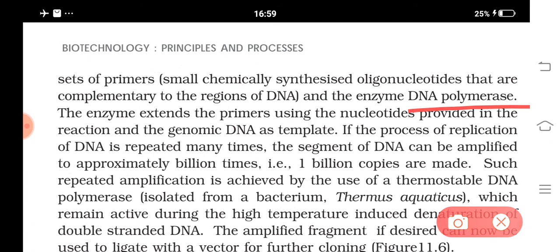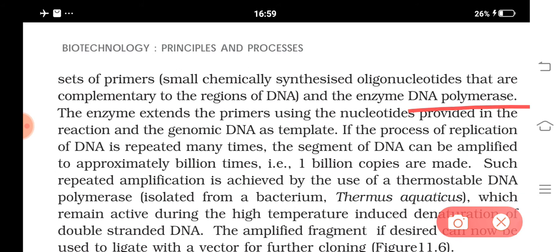This will be a very fast process, and a single gene can be multiplied around a billion times. Means 1 billion copies can be made from a single gene.